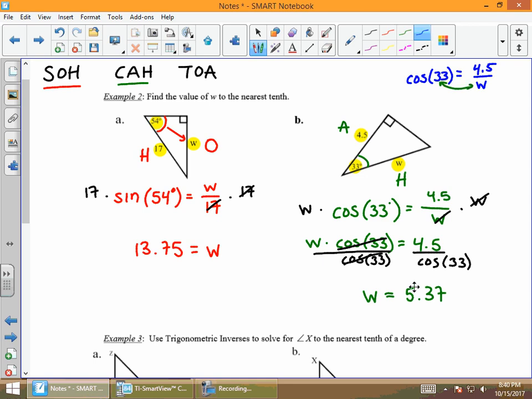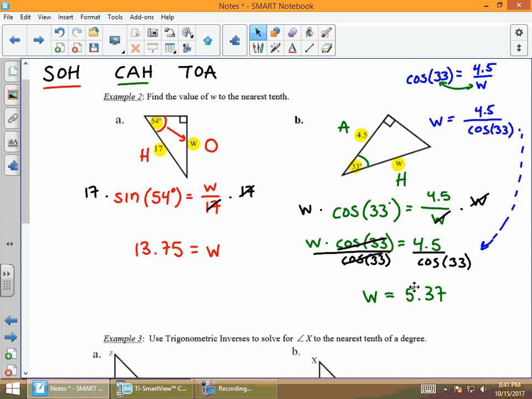I called it the old switcheroo because it was easy to remember. So that makes the W go to the right side. The 4.5 doesn't switch, but the cosine of 33 switches with W. And as you can tell, that is the exact same thing that I end up getting. So when you see that variable in the denominator like that, feel free to just switch the variable with the other side. Make sure that your fraction numerator stays the same and you'll be just fine.